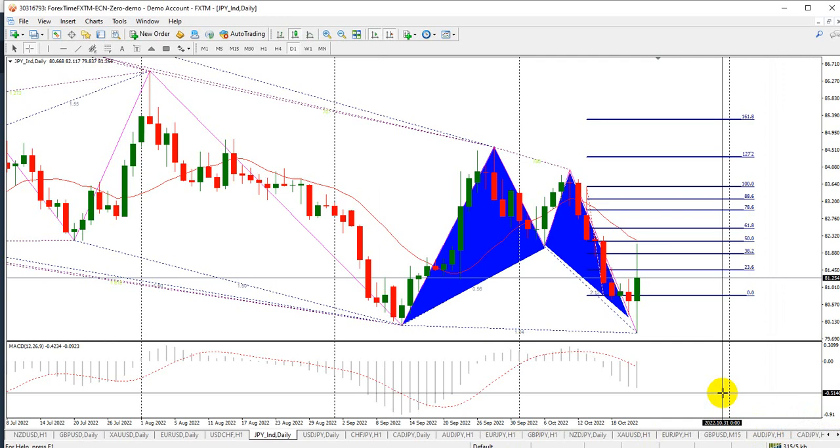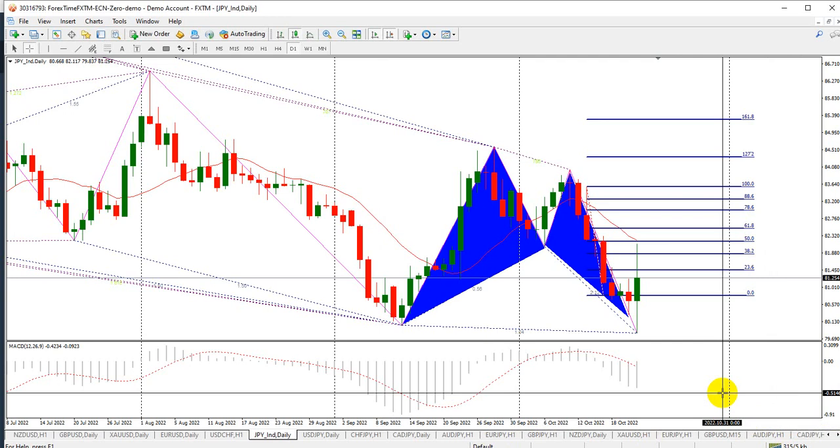So we are going to look at how all these pairs actually did, and then see the opportunity, how we are going to trade these pairs this new week we are entering. So that's the essence of this analysis.